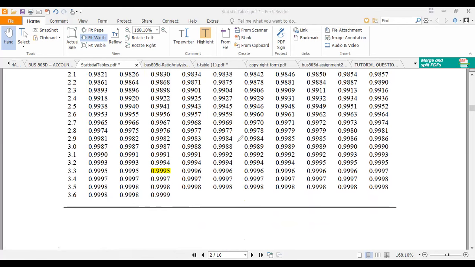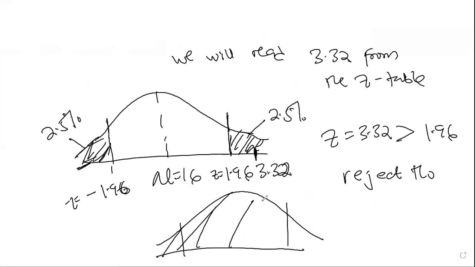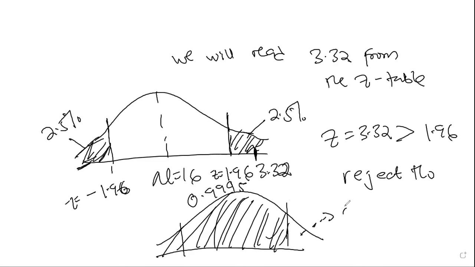Per the curve we read, everything here is 0.9995. That means the remainder is 0.0005. And of course, remember the rejection bounds we have.